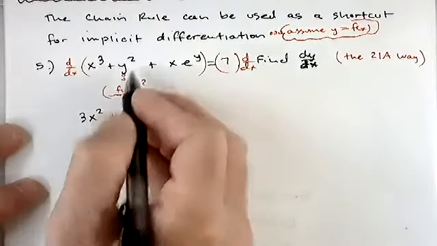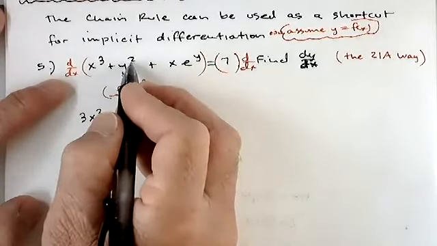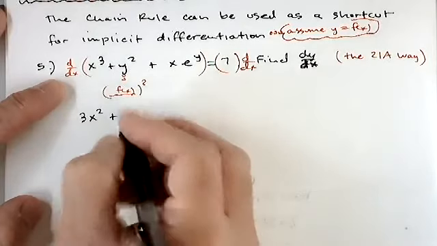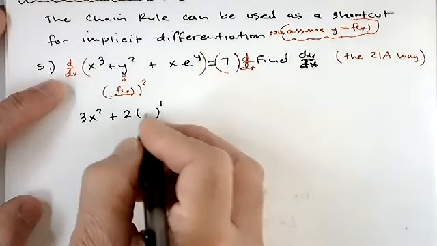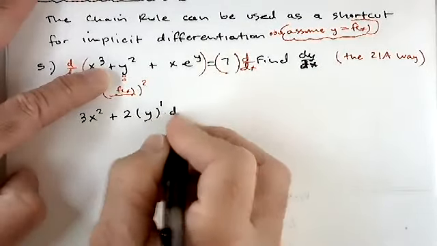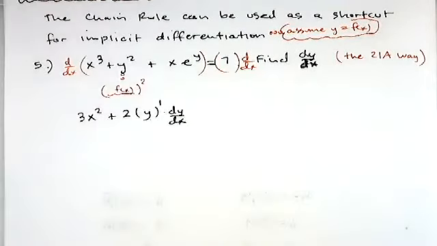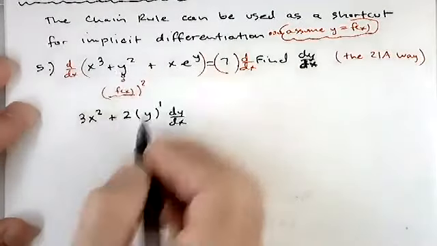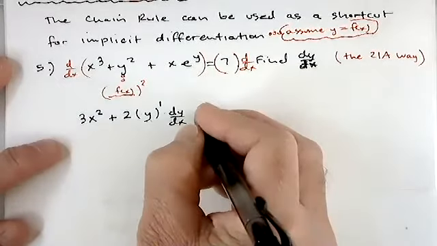And then remember, this was that thing with implicit we had to get used to. If you encountered a y term, knowing that it really stood for some function of x, the derivative of some function of x squared was 2 times that function of x to the first, but that function's just y. And then we had to tag on the derivative of the inside, dy dx, because that's what you would need according to the chain rule. In other words, when you encountered a y term, you just took the derivative the normal way and then tagged on a dy dx.